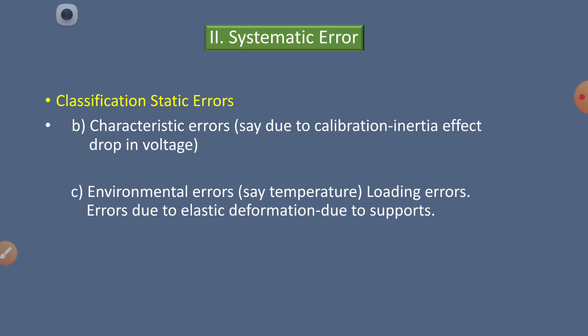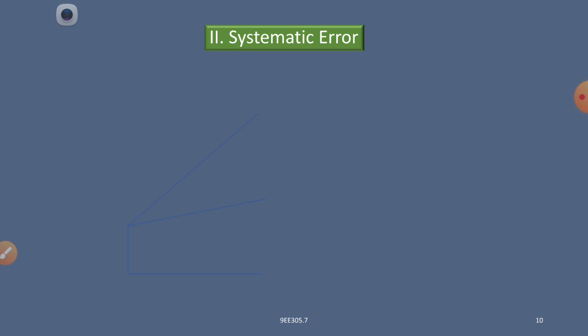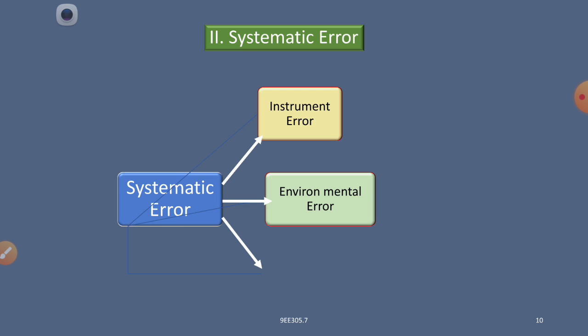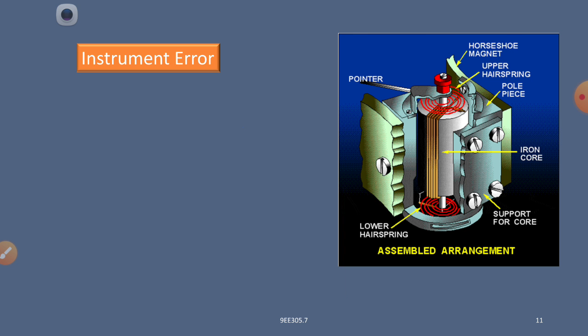I think you have some confusion. Let us see in detail. This systematic error is further classified into instrument error, environmental error and observational error. What do you mean by instrument error? Let us see.